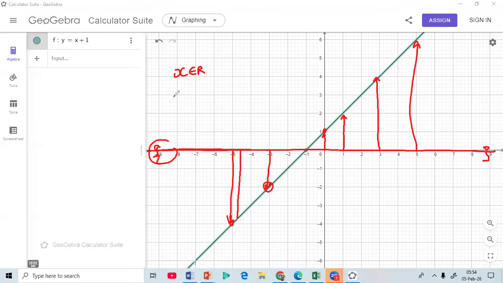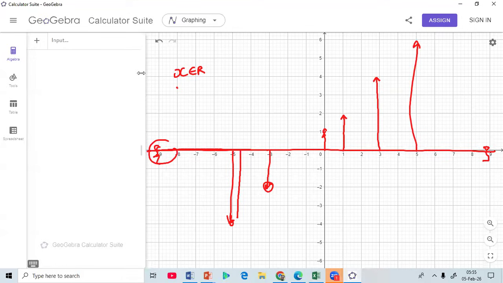Okay, before I leave the domain, let me now give you another one. You need to be very, very careful, and you need to understand the concept. If I have something like this, okay, I have y is equal to x squared plus 2.